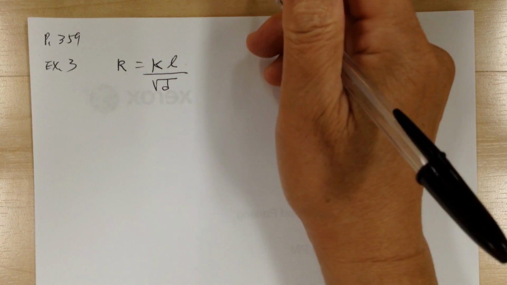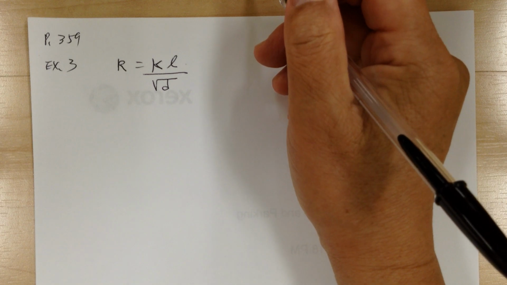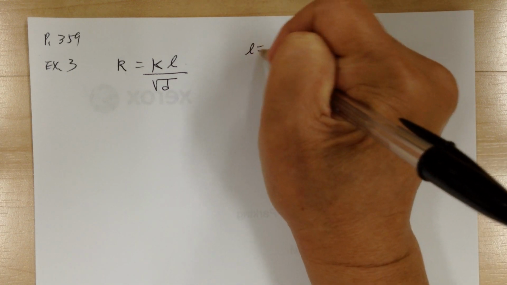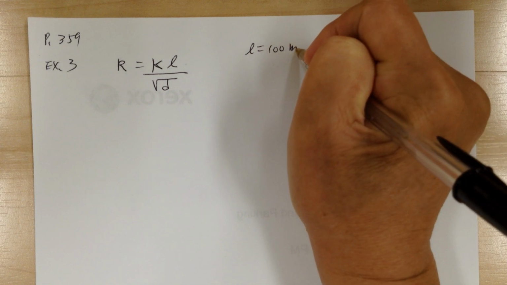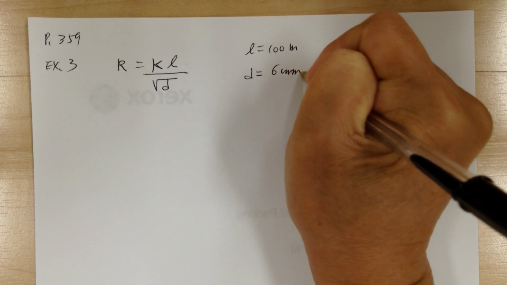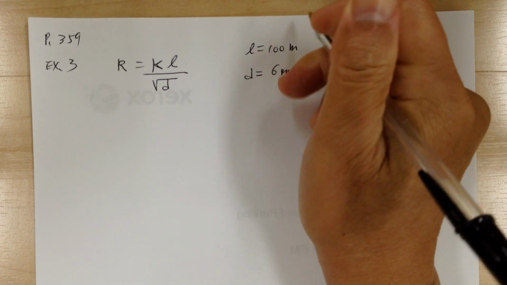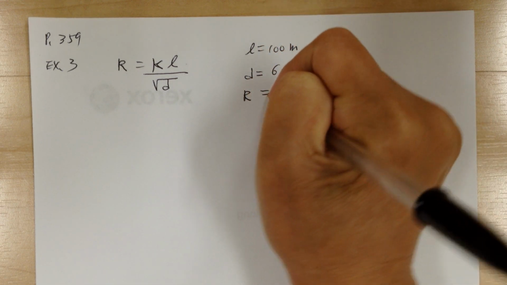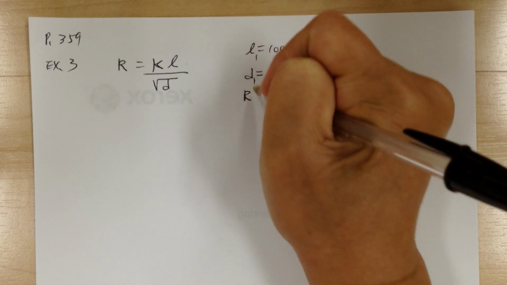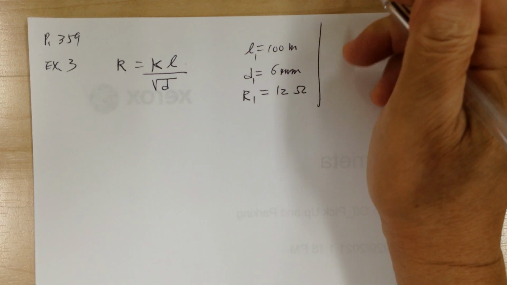Okay, now go and get your situation. It says 100 meters of wire, so that's length equal to 100 meters of a wire with a diameter of 6 millimeters, has a resistance of 12 ohms. So that's your first case. Then you get your second case.